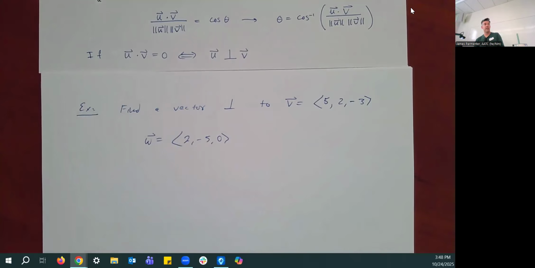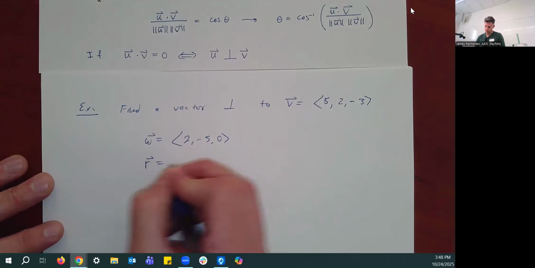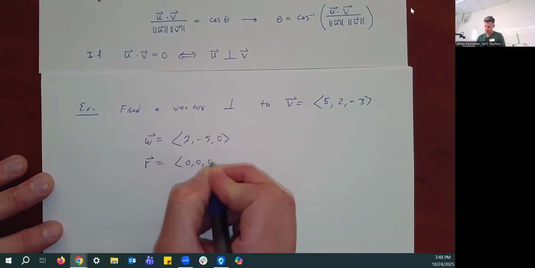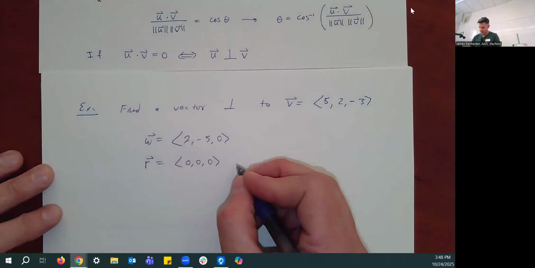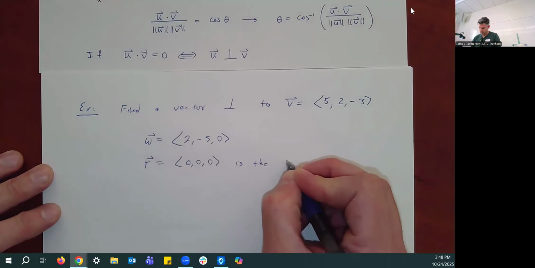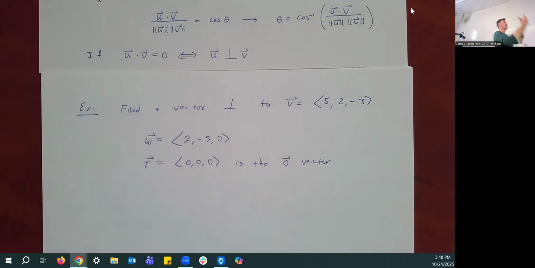One real easy answer, which usually people exclude, would be R equal to 0, 0, 0. This is not a good answer because although technically those vectors are perpendicular, and the dot product is 0, this is the 0 vector. And the 0 vector is the only vector that has a length of 0.